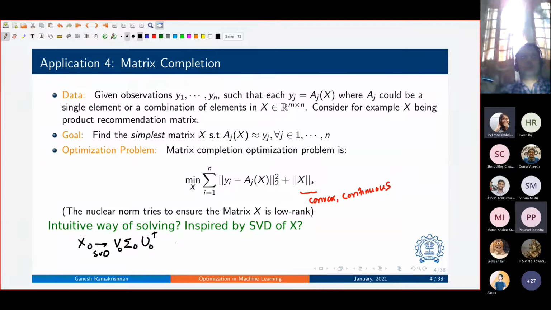Now this would have lots of singular values. Maybe you start with a full rank x0, and then you come up with this sigma 0.